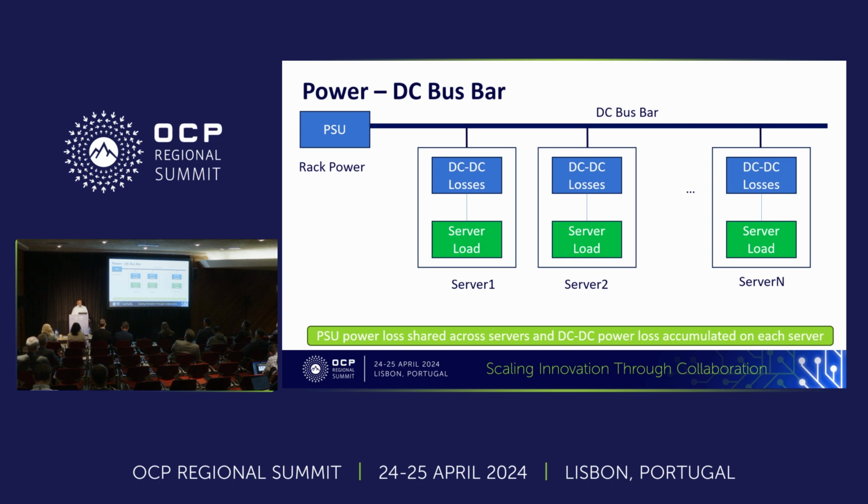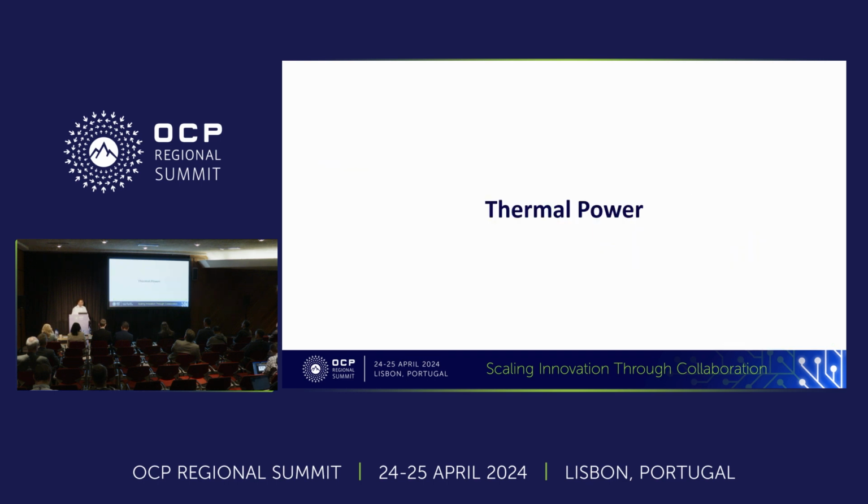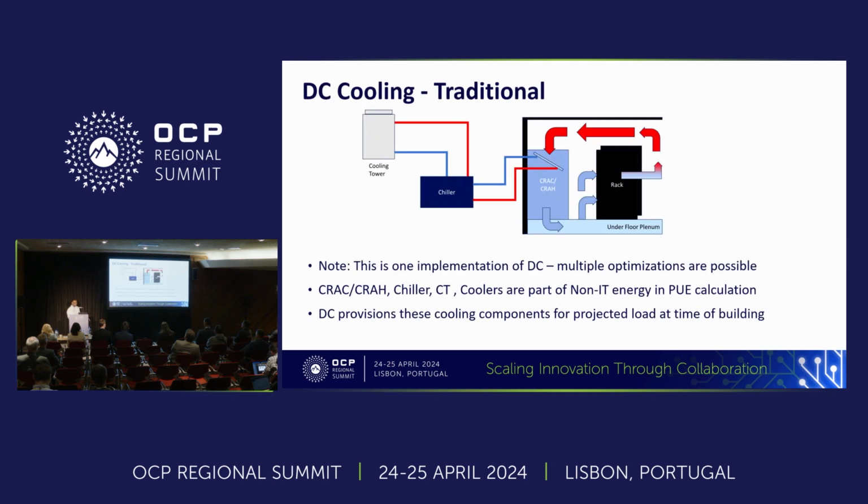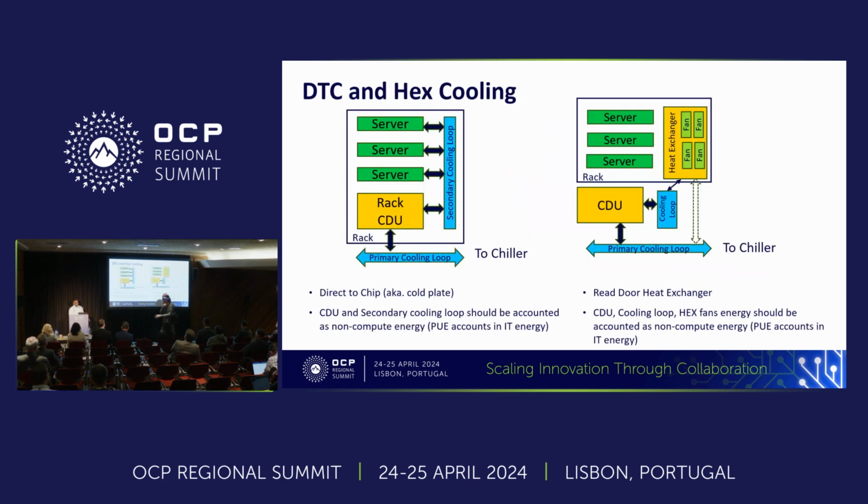And similarly, if you look at thermal power, there are multiple different thermal cooling solutions available. You can have just fan-based, or a hybrid model where you have CDUs, or independent cooling per system, or cold-plate, or chiller-based, all kinds of things.